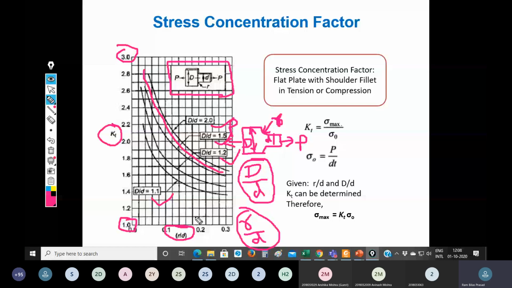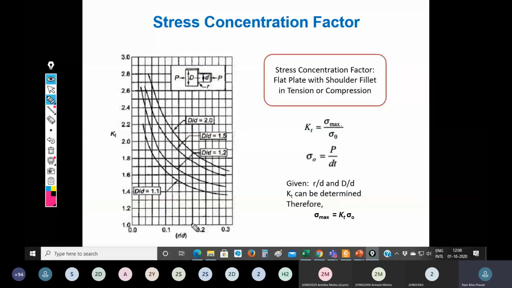stress concentration factor. Let us say you want to determine the stress concentration factor at point 2, and D by d ratio is 2. So what you have to do is plot a line vertically upward, and then you have to move horizontally, and then you will get the stress concentration factor, which is 1.9 here.